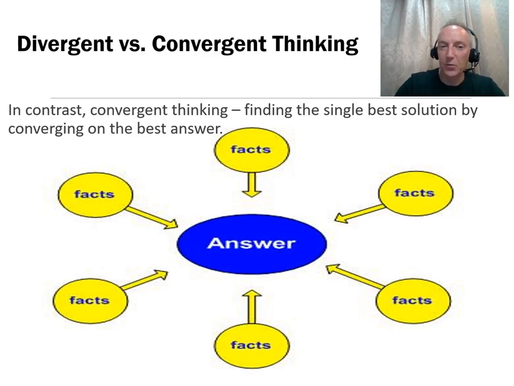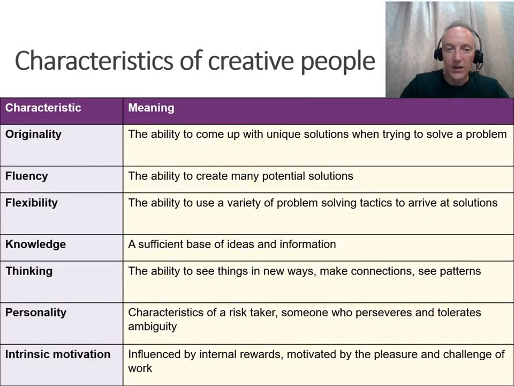Creativity is going the other way, generating lots of ideas. So you have this table in your book about the characteristics of creative people. This is a nice little summary for you.